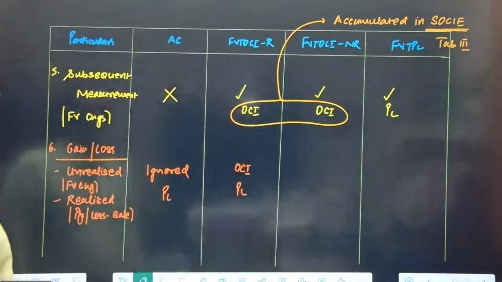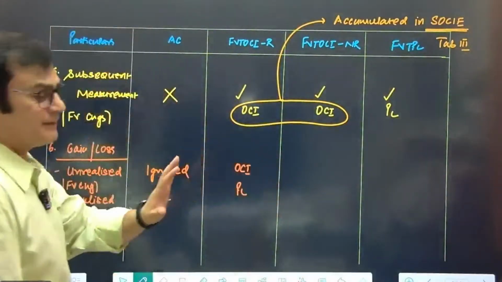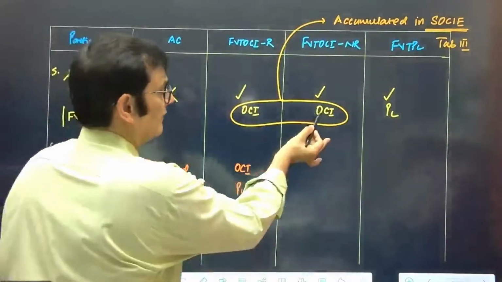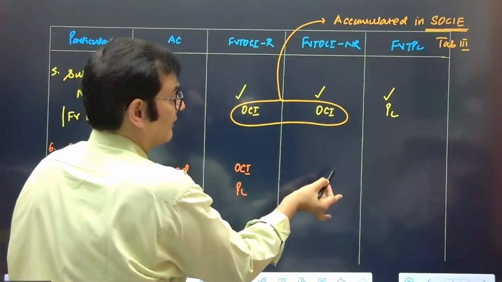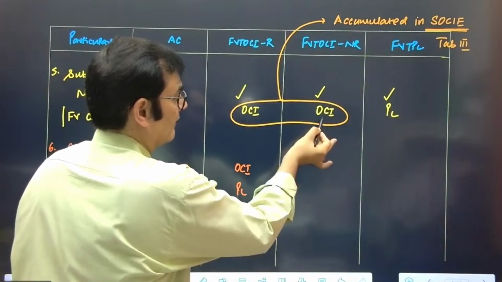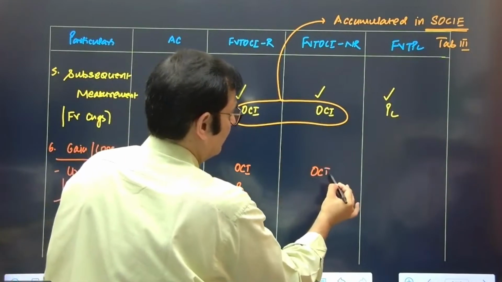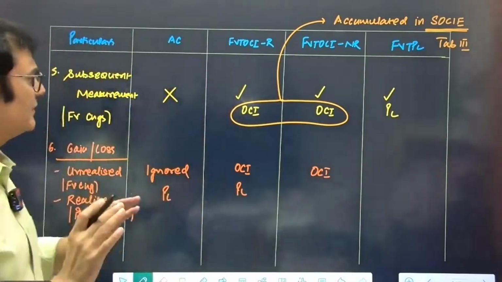Okay, so now tell me unrealized gain loss in terms of OCI-NR. I think you're getting a little confused. Let me remind you.